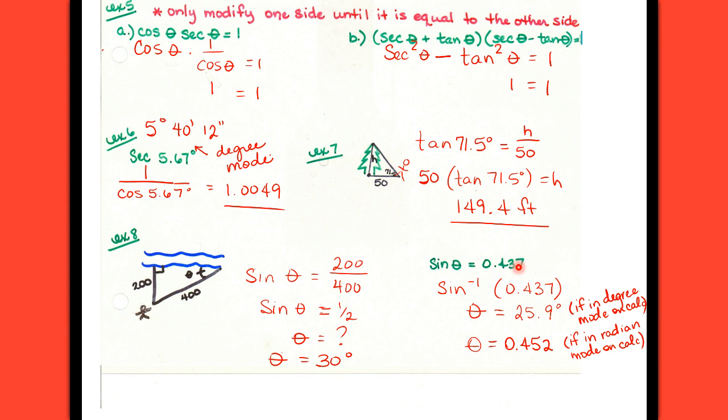Now, sometimes they'll ask me to give the answer in degrees, and sometimes in radians. It depends on which mode I'm in on my calculator. I type it in the exact same way. But if I typed this in degree mode, I would get 25.9 degrees. If I typed this in radian mode, I would get 0.452 radians. It's the same thing. It's just two different names for the same angle, one in degrees and one in radians. Okay?